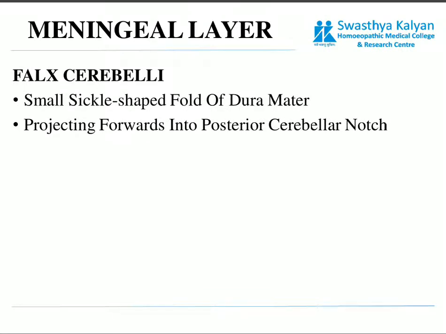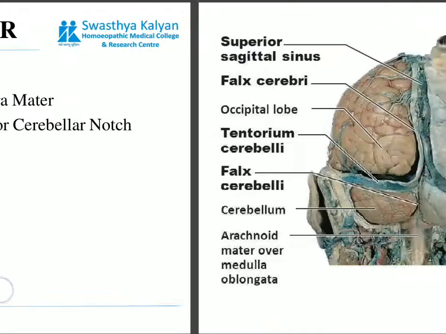Now the falx cerebelli resembles the falx cerebri, that is, it is also sickle shaped in the midline, but it is small. Falx cerebri is larger, and this is smaller. It projects forwards into the posterior cerebellar notch.